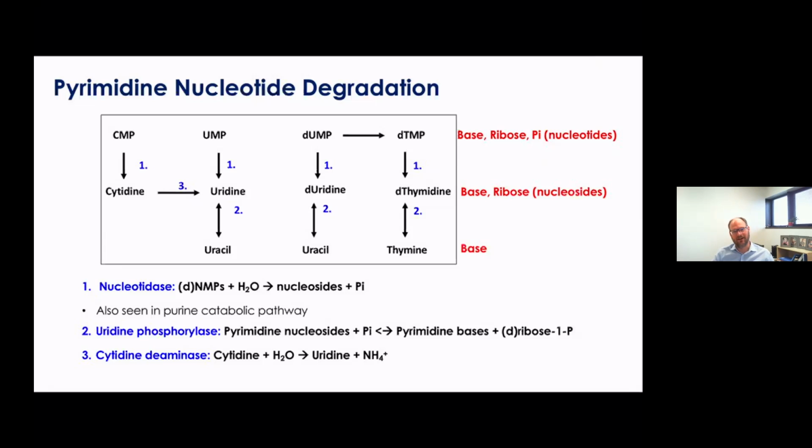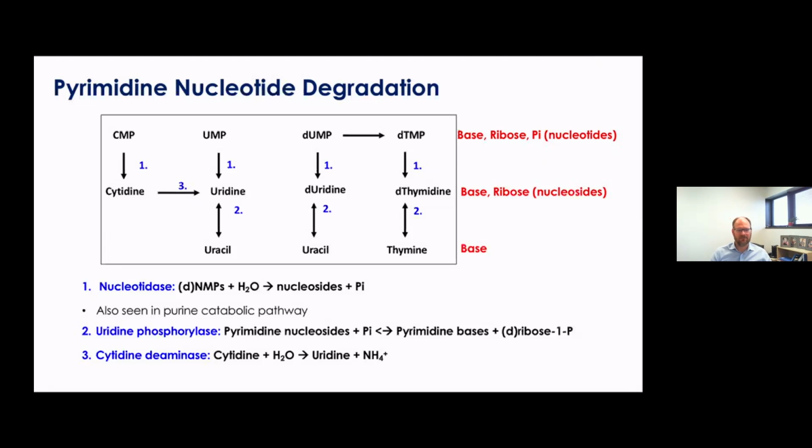The nucleotidases, not surprisingly, are the ones that take the NMPs, where N is any nucleotide, and convert them into nucleosides and inorganic phosphate. That's done through hydrolysis, the same as in purine catabolism.